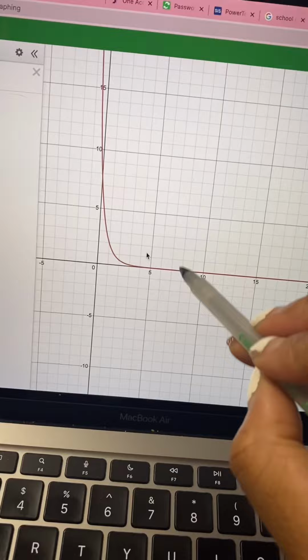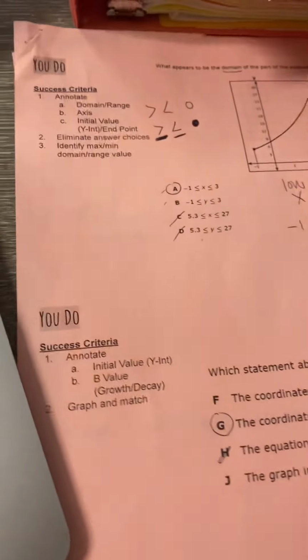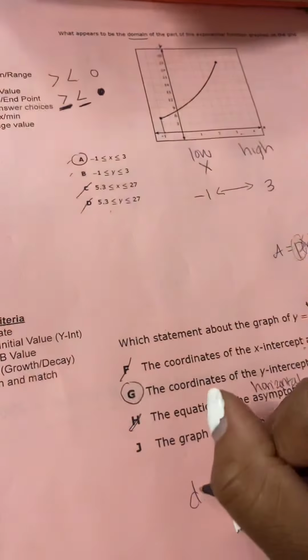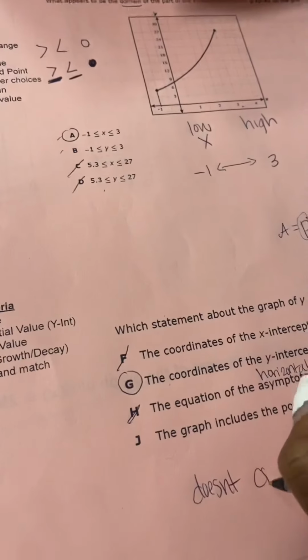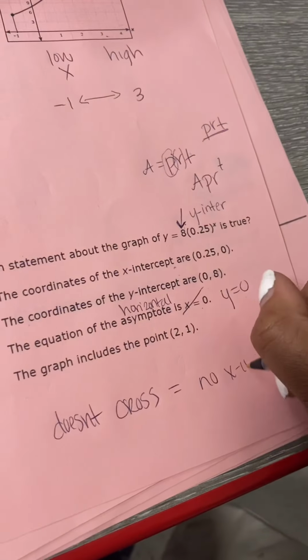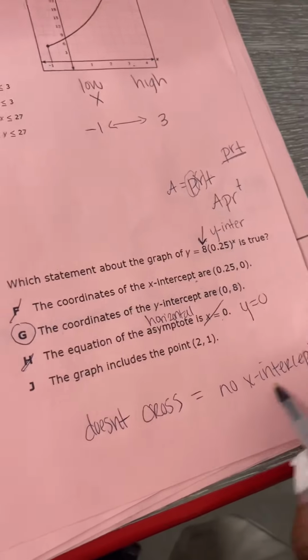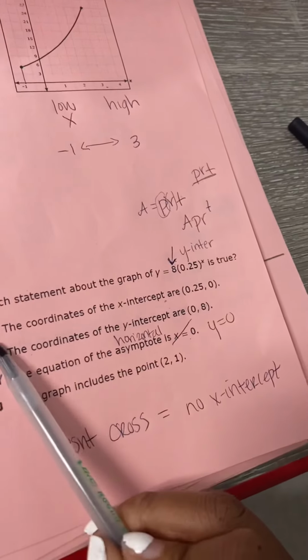So if it doesn't cross, there's no x-intercept. Write that down: if it doesn't cross, there is no x-intercept. Remember that. So it's not F.